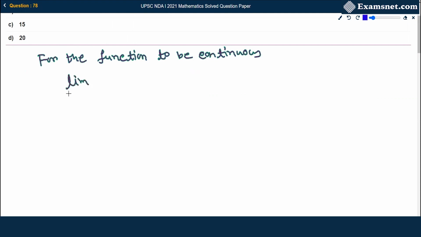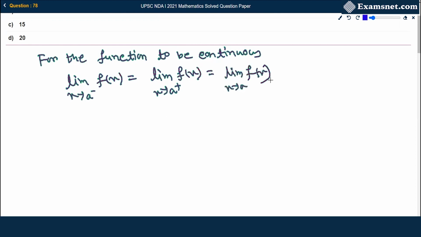Like the limit as x tends to a minus of f of x equals the limit as x tends to a plus of f of x. This is the left hand limit and this is the right hand limit. These will be equal and that should equal f of a.